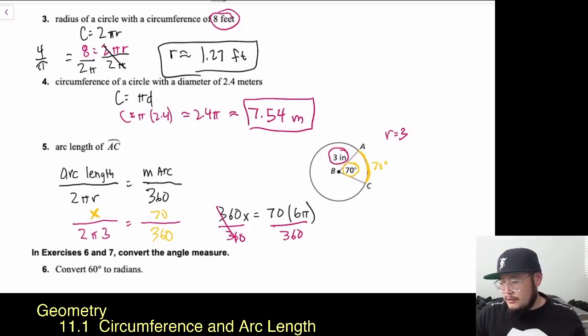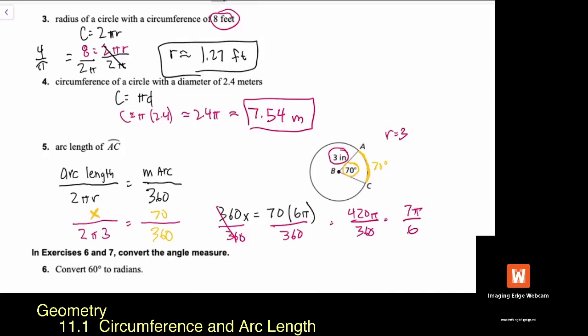70 times 6, that's 420. So this will become 420 pi over 360. If we were to get that as an exact answer, the zeros can cancel. Top and bottom, we have 6. So it becomes 7 pi over 6. And then there you go, you'd have an exact answer. But I do believe, in Big Ideas for this question, they do not ask for an exact answer.